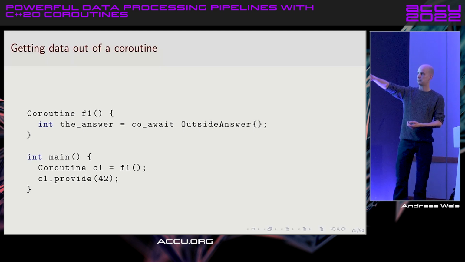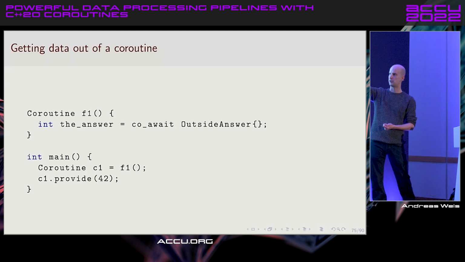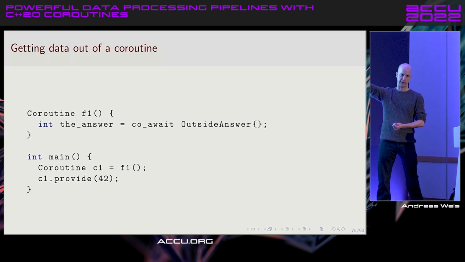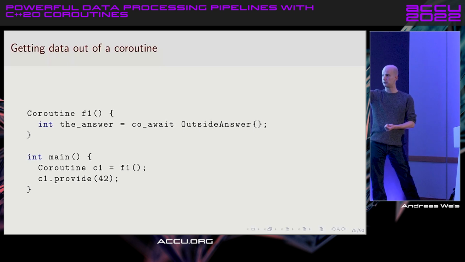And then eventually on the inside of the coroutine, I want this value to resurface as the return value of the co-await call, right? So the control flow here is F1 starts executing, it gets until the co-await, then it suspends. F1 goes to sleep.